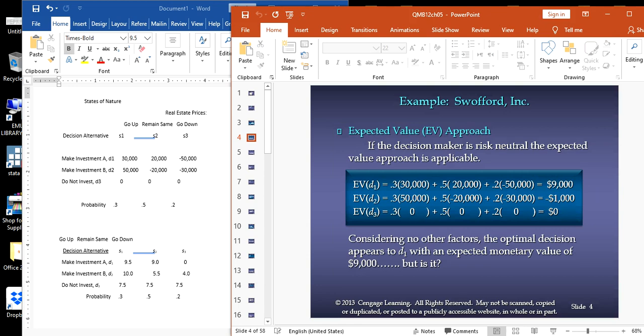For example, okay, we have the expected value here, the highest one associated with the first investment. But the highest potential loss is also associated with this.